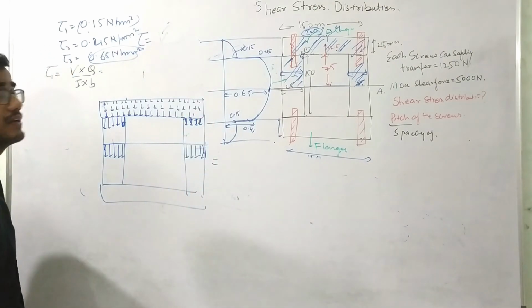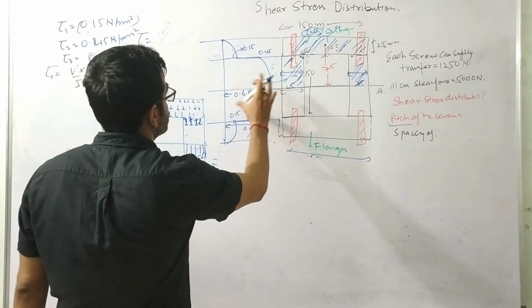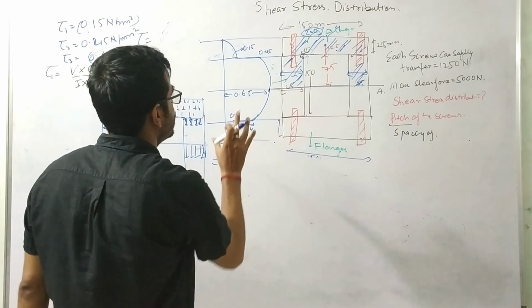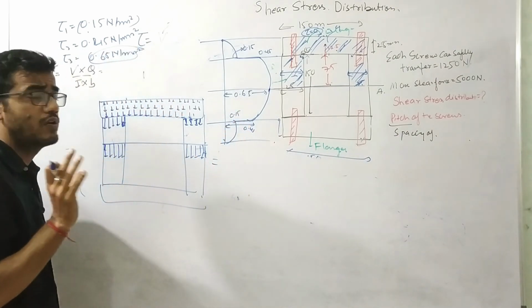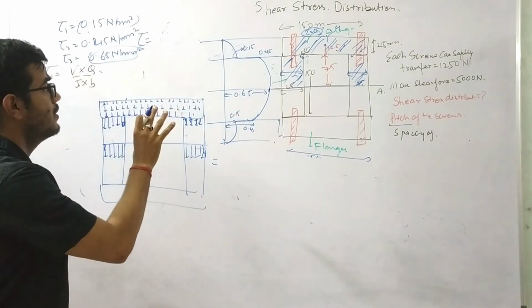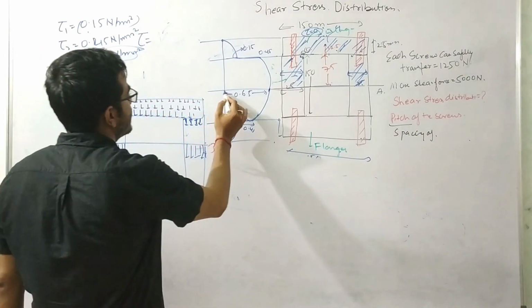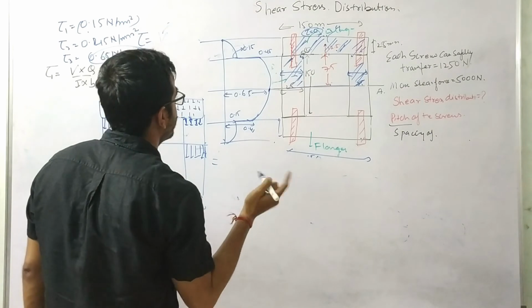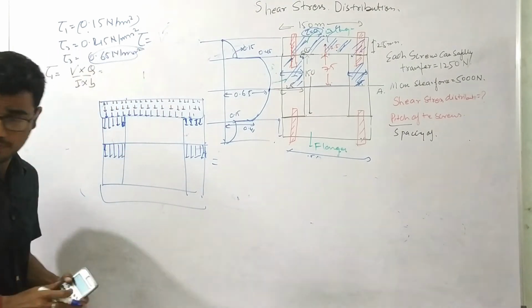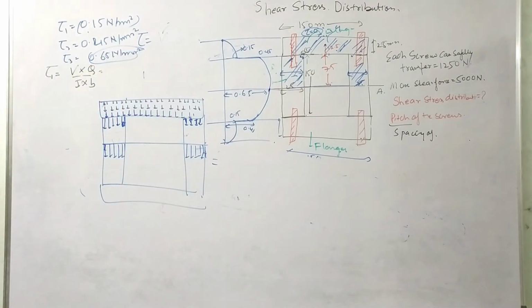We have calculated the vertical shear distribution across this cross section. The horizontal shear distribution will also follow the same variation. If I want to calculate the horizontal shear at this neutral axis, it will be 0.65 Newton per mm square.